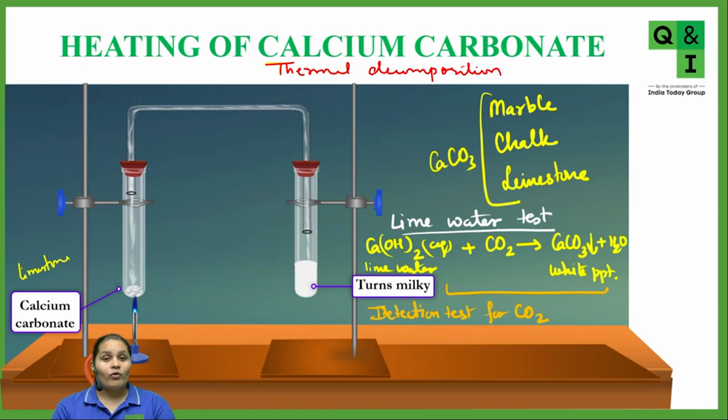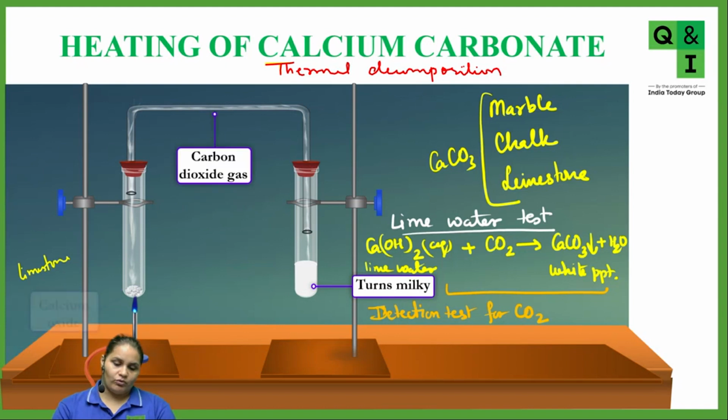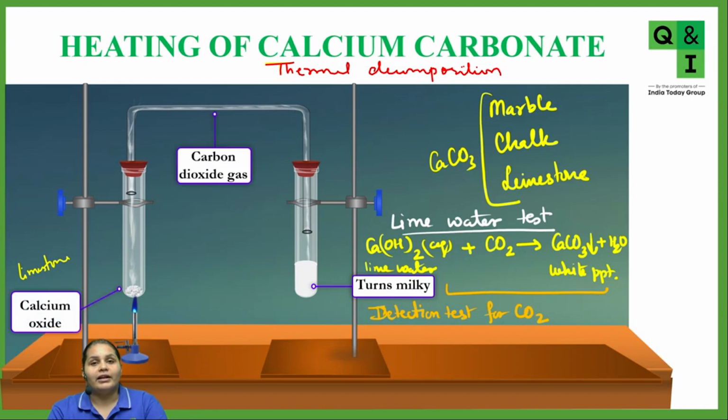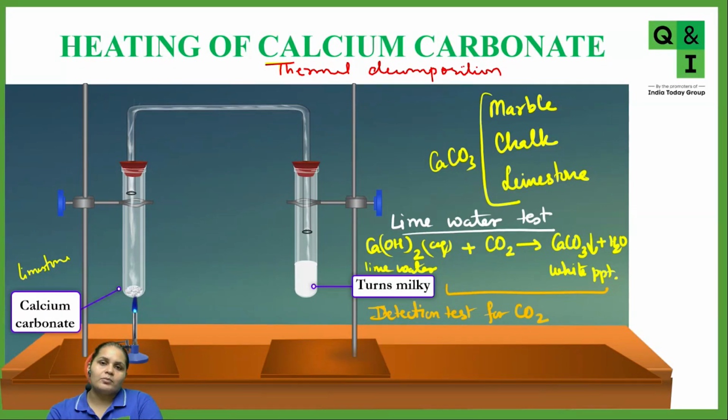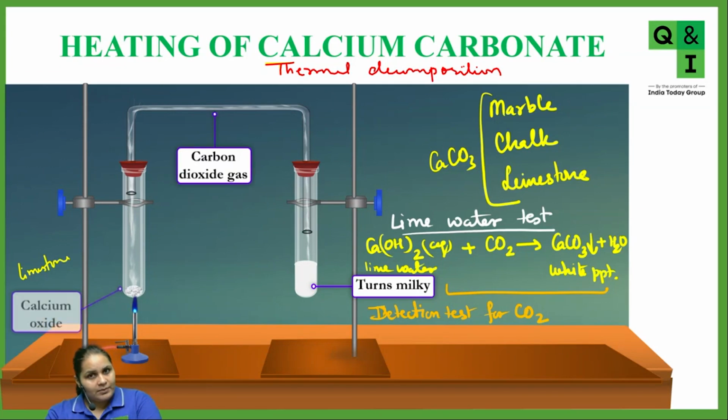So actually, what was the reaction when calcium carbonate was heated? So basically what happened, when the calcium carbonate was heated, CO2 gas was evolved, and when it was heated, it gave the residue of calcium oxide. It gave the residue of calcium oxide.